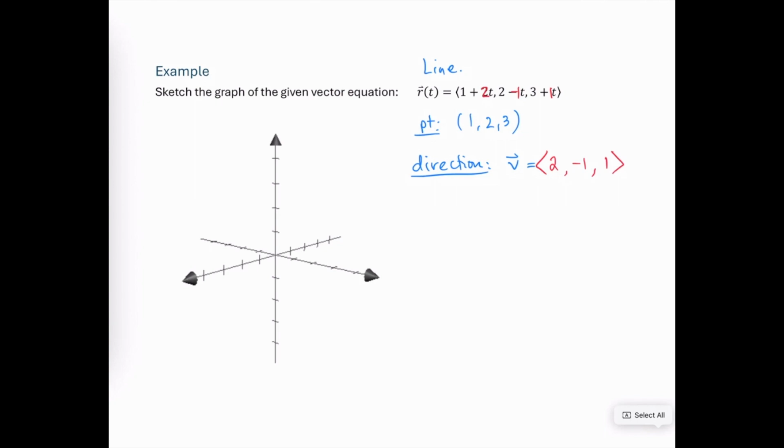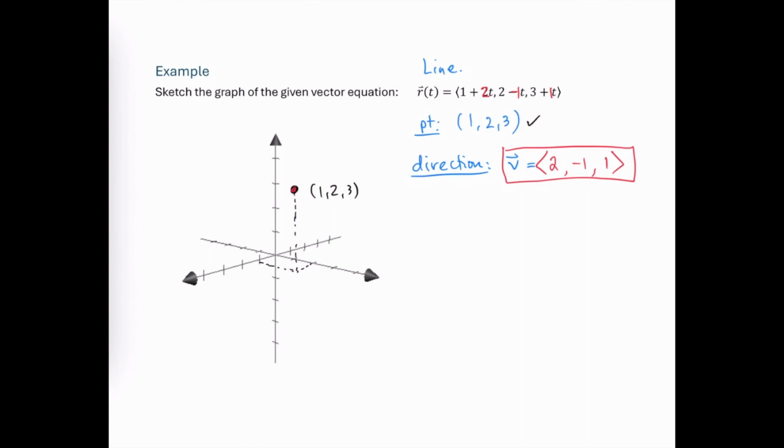And now we're ready to graph this line. So we come out to the ordered triple (1, 2, 3) that's on the line. So 1 in the direction of x, 2 in the direction of y, we'll go up 3 in the direction of z. Here is our ordered triple that is on the line. Now from here, we're going to move in the direction of that line, which is 2 in the direction of x, -1 in the direction of y, and 1 in the direction of z.